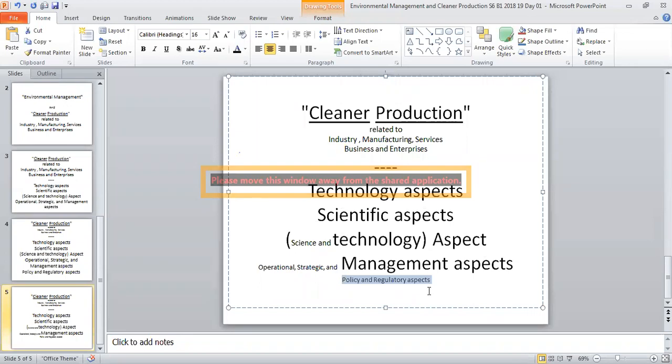Okay. I have this problem of moving this cursor. So I'm really helpless. Somehow I don't know what to do. Again, I'm facing the issues. I cannot change the slides.